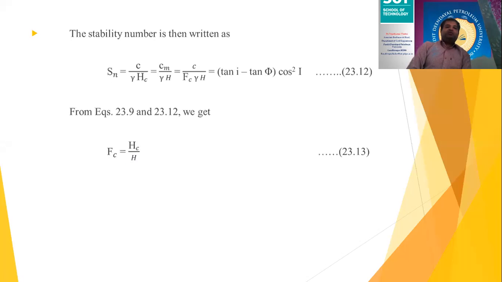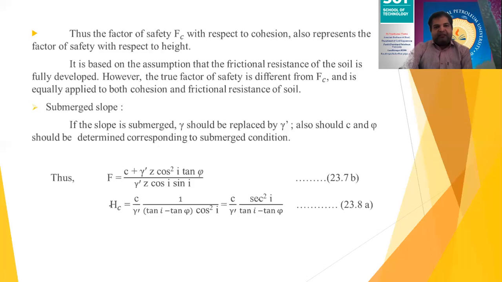This way also you can calculate the factor of safety. The factor of safety Fc is with respect to cohesion, and it also represents the factor of safety with respect to the height of the slope. It is based on the assumption that the frictional resistance of the soil is fully developed.